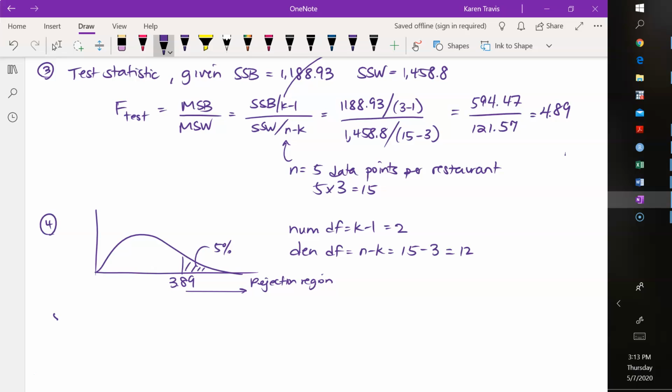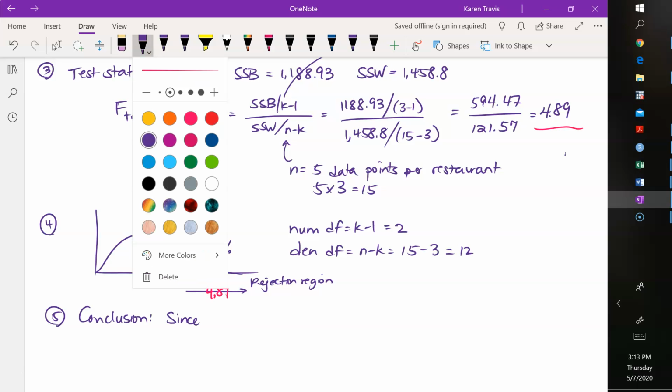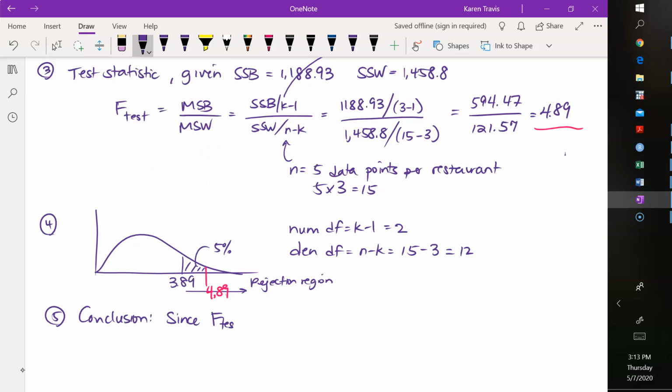And so since F test, let's put that in there. Here's F test. It's at 4.89. So since F test is in the rejection region, we reject the null hypothesis at 5% level of significance.